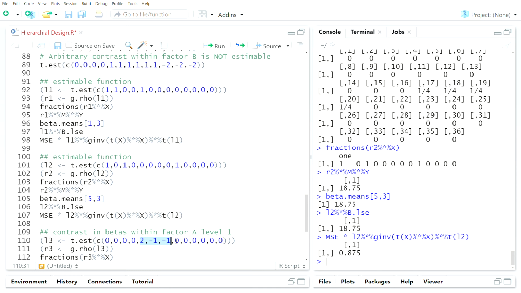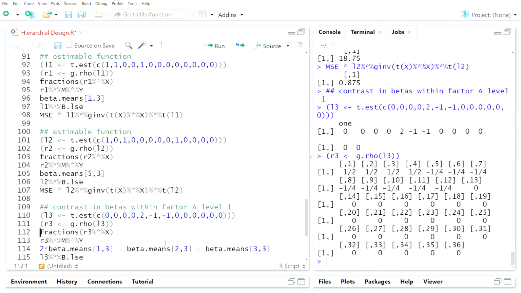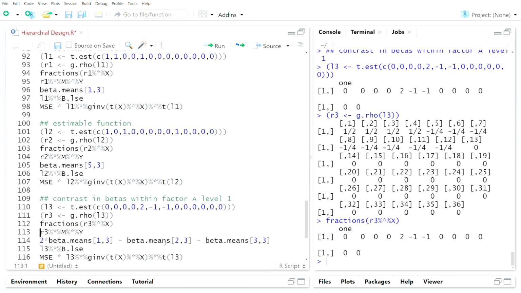Or we could have done a contrast with the next 3 beta parameters, or the next 3. As long as we stay nested within a level of A, then it's estimable, which means we can develop a unique estimate. And notice we get that back, that linear combination. Here's the row. Row times x, we get our original combination back.